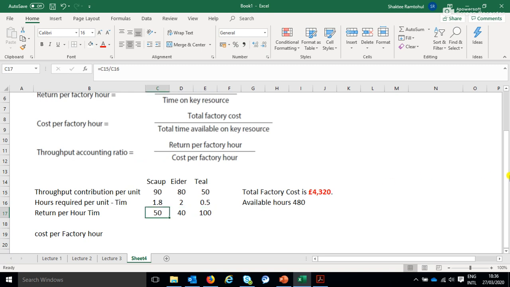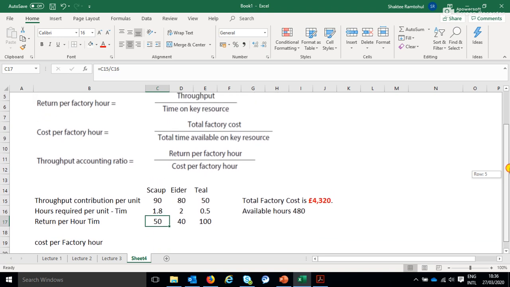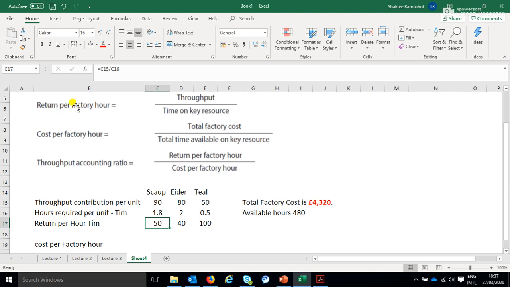So return per factory hour, that's done already. But what is this? You're told throughput over time on key resource. So throughput is this, time on key resource is this, 1.8 in the case of scalp, and that's your return per factory hour. What about cost per factory hour?